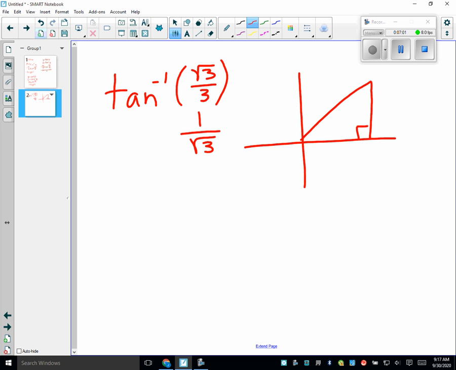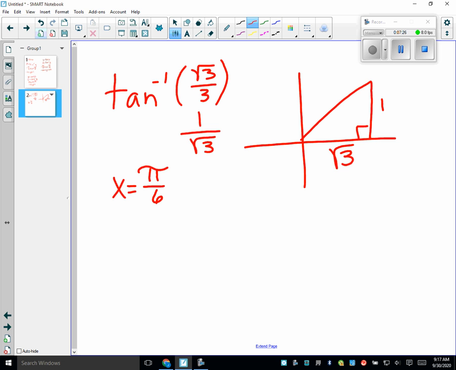Tangent is what? Opposite over adjacent. So this is 1 and this is radical 3, which means what is my angle? X equals pi over 6. Do we all agree with that? Yes.